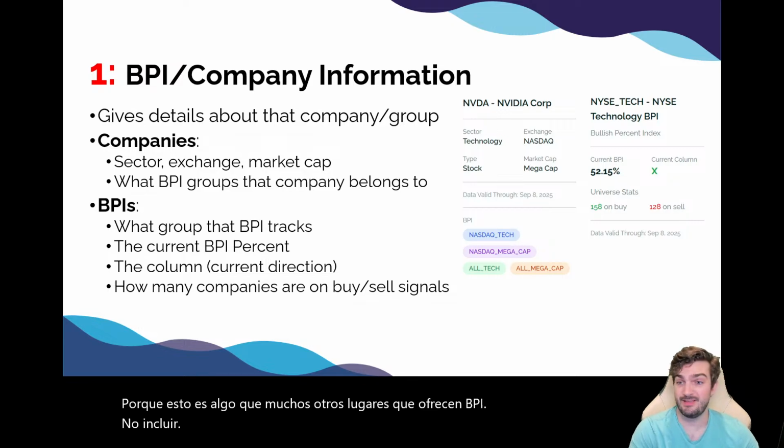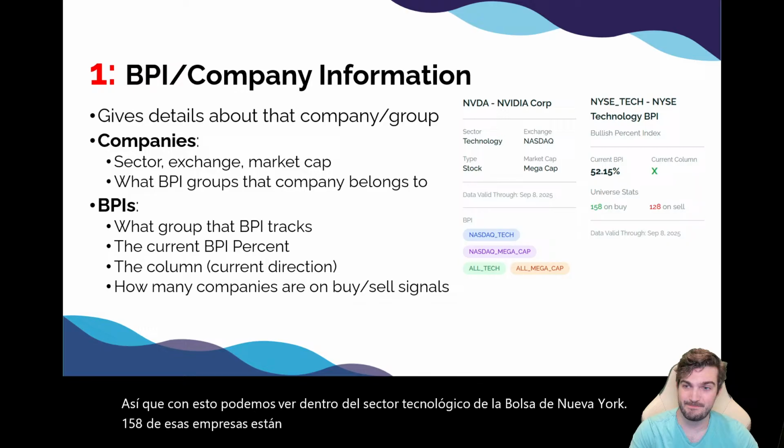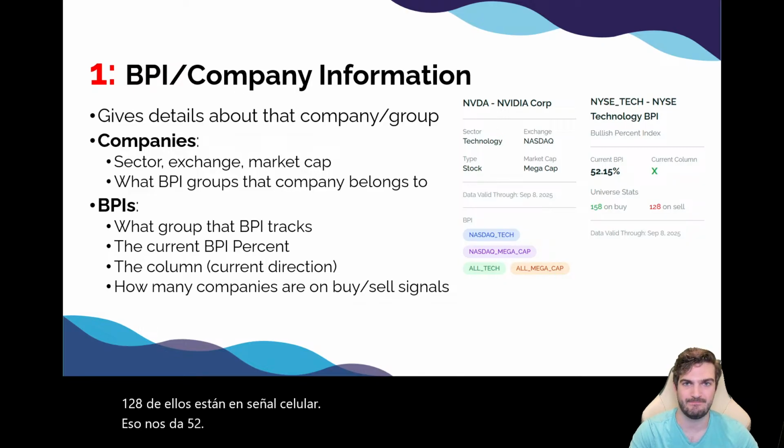So with this, we can see within the New York Stock Exchange technology sector, 158 of those companies are on point and figure buy signals. 128 of them are on sell signals. That gives us 52.15%.